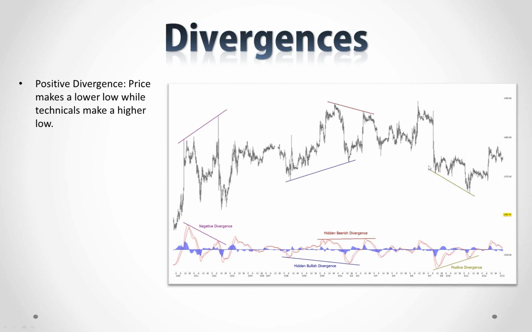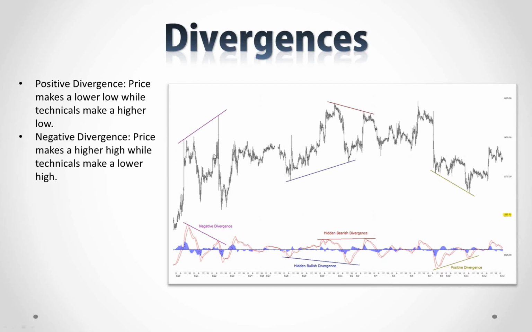So the move down in price is not being confirmed by the MACD, and therefore it's signaling that the momentum of this move down is weakening, and there is a good chance that a reversal is coming soon. As you can see here, there was a nice bottom based on this divergence, and price turned back up.